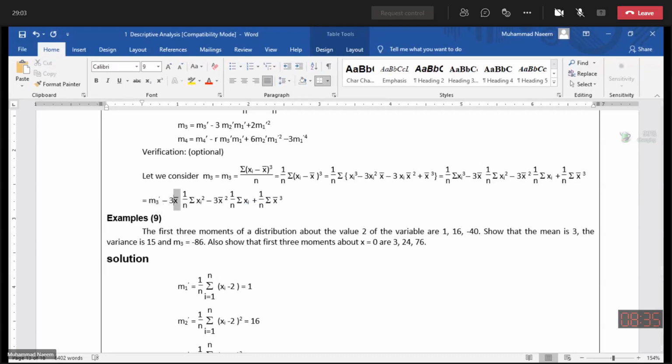Look at here, we also know that x bar is our first moment about origin. Express it as M1 prime.